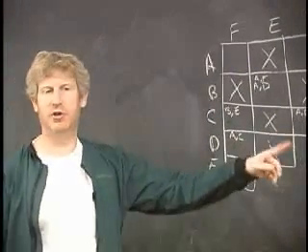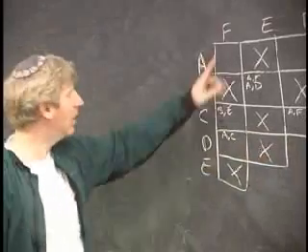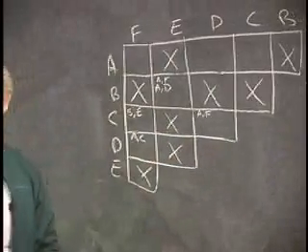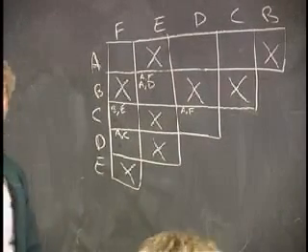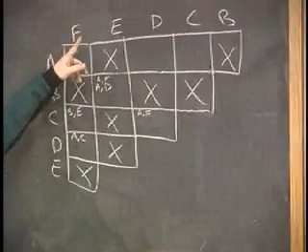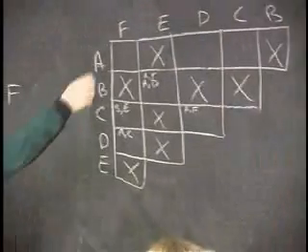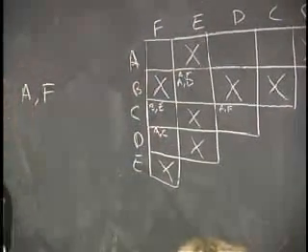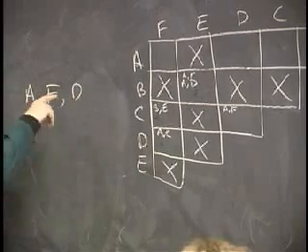Let's fix this picture to make it minimum now. The only states that are distinguishable are the ones here with X's in them. That's the only pairs. That means all the other ones are the same. That means A and F are the same. Let's write that. A and F are the same state. A and D are the same. So I add that to the list.